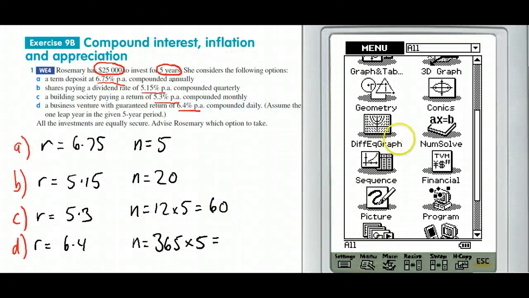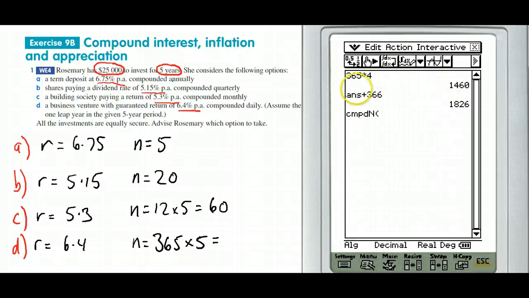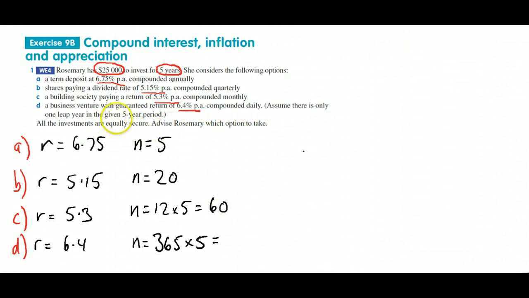Let's go 365 times 5 gives us 1825, and it says to consider that there's 1 leap year in the 5-year period. So if we had 1825 days, we'd add 1 onto that for that 1 leap year that's going to have 1 extra day in it. So just add on 1 to 1825, we get 1826.